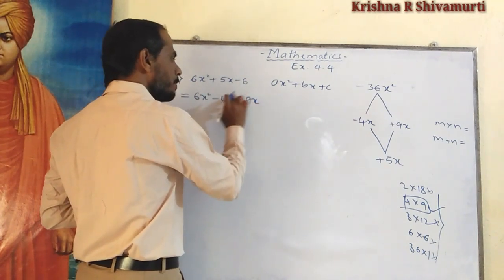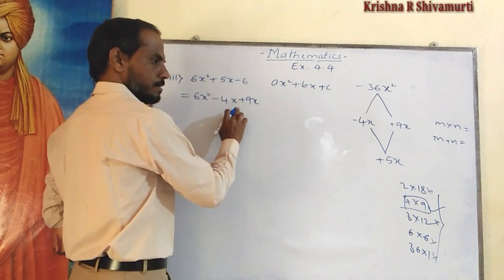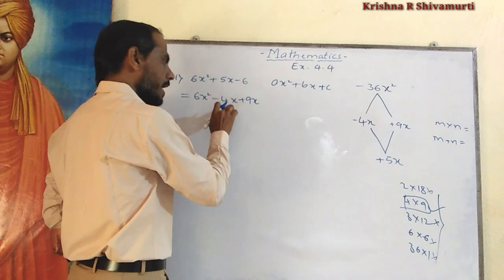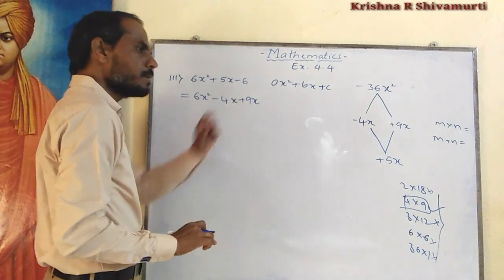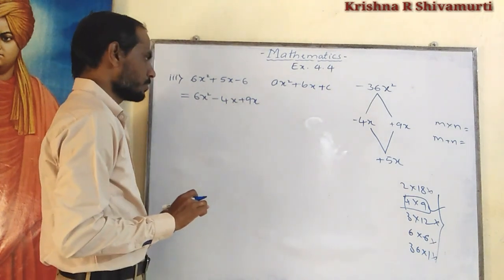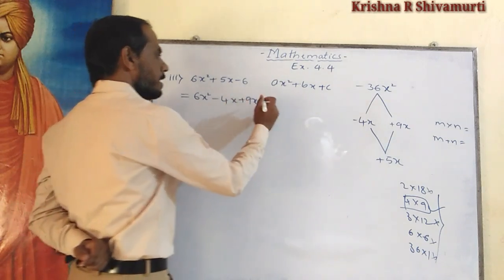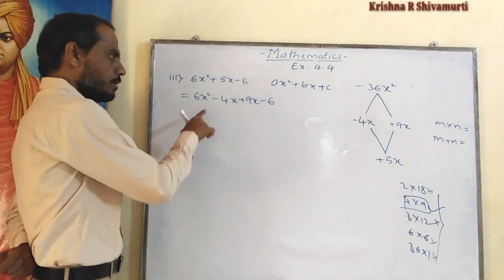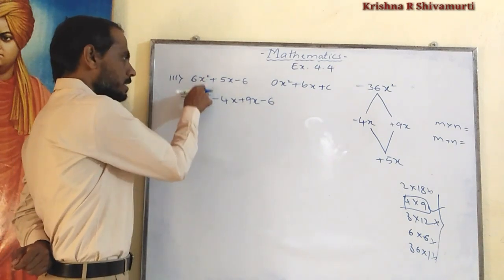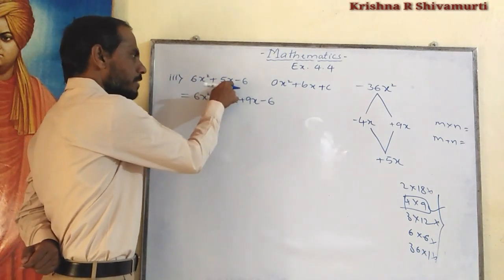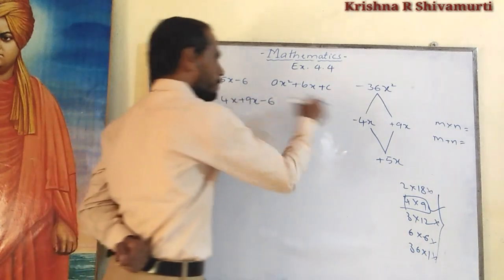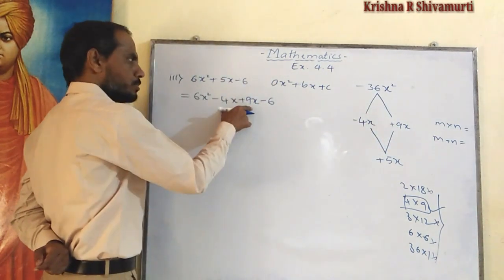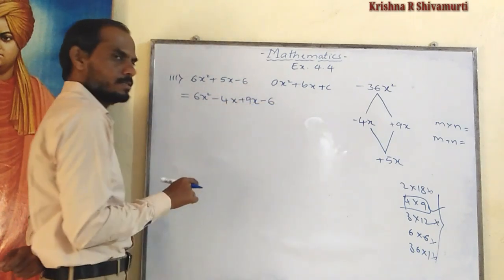This is a different form of writing 5x. The value is 5x only, but the writing form is different, students. Write the last term minus 6 as it is. Are you understanding what I did here? First term as it is, instead of writing 5x I wrote the two numbers I split, and the last term as it is.